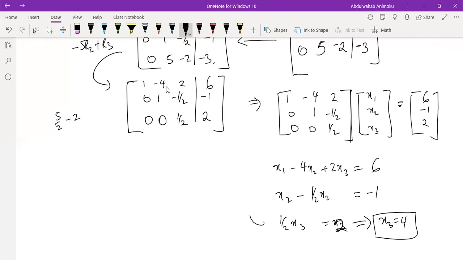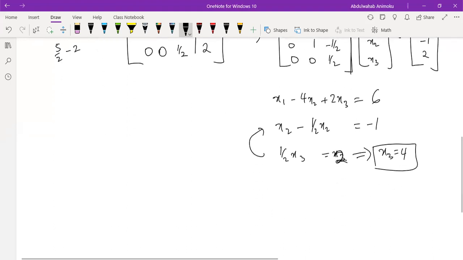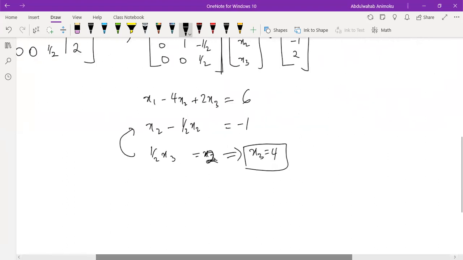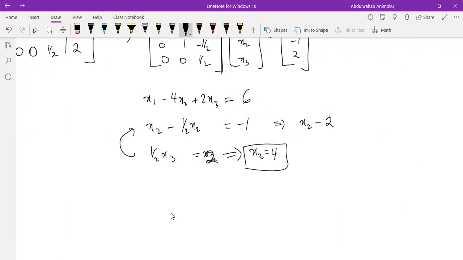Now substitute this into solving this. Let's shift this to the right-hand side. It means x2 minus 4 over 2, which is 2, equal to minus 1, which means x2 equals 2 minus 1, which is 1. So x2 will be equal to 1.